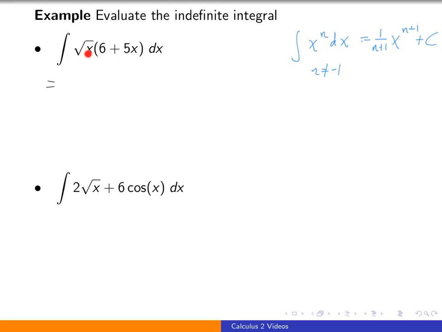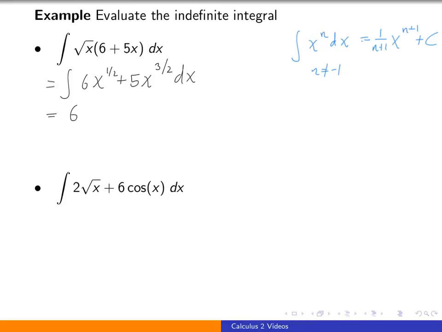Remember, sometimes a little bit of algebra can go a long way. And we have no property of indefinite integrals at this point to break it up over multiplication. So distributing through that square root of x, we can write that as 6 times x to the 1/2 plus 5 times x to the 3/2. And now immediately we see we can evaluate this.